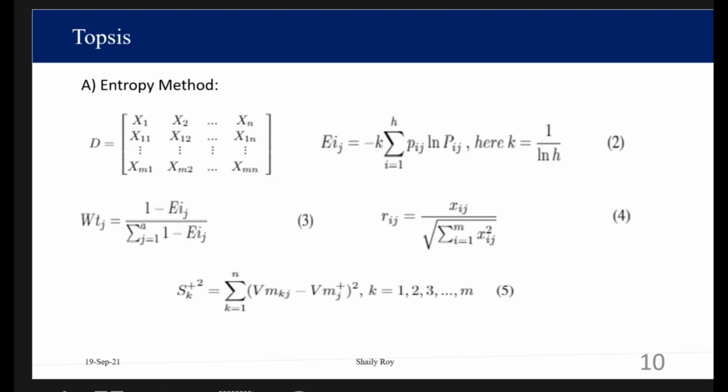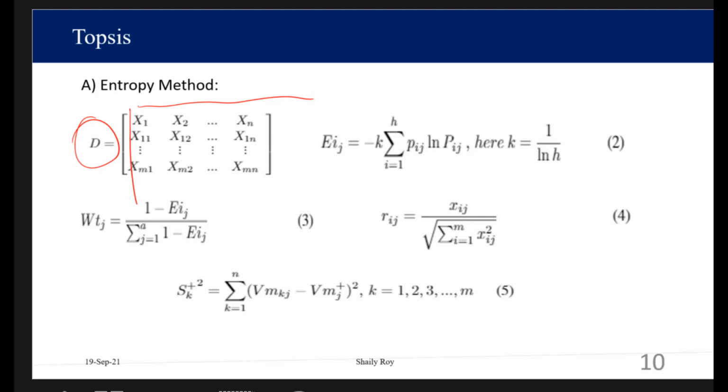In the first place, a decision matrix D is built. The decision matrix contains the information of a particular criteria. The matrix consists of m rows and n columns. Here, n is the number of criteria and m is the alternatives of a particular criteria.